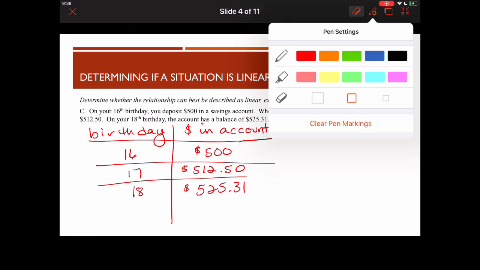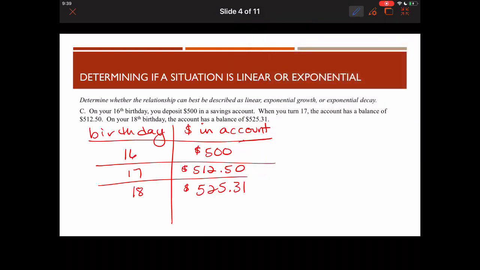So let's now check to see if it's exponential. If it were exponential, I would be able to multiply 500 times a number to get this, and then $512.50 times that same number to get this, right? So how do I figure out what that number is? The opposite of multiplication is division. So I can take $512.50 and divide by 500.